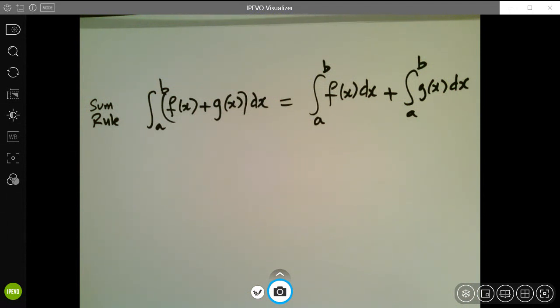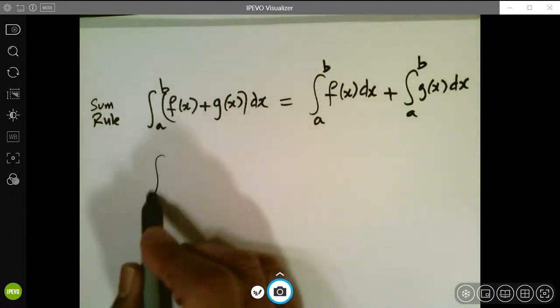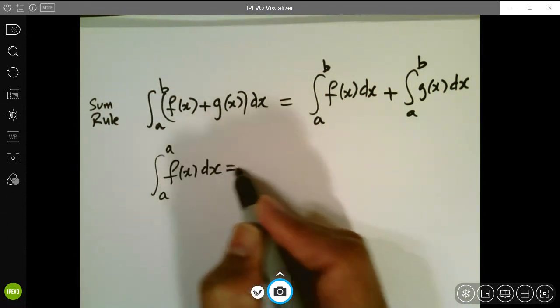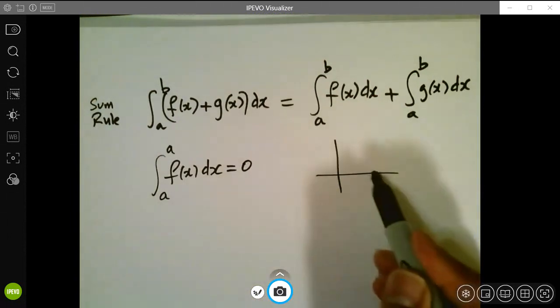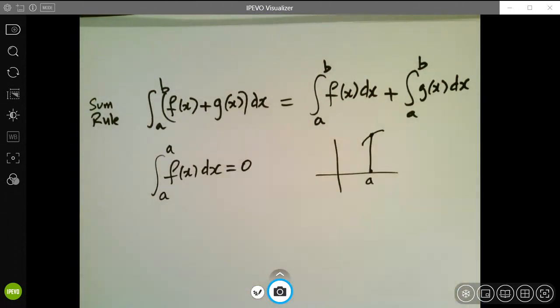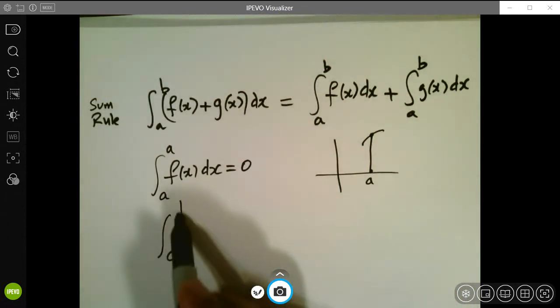You can actually prove that the integral from a to a of f of x is just zero. That means there is no area from a to a. See, if you have a curve from a to a, it's just zero. You can prove the integral from a to b.